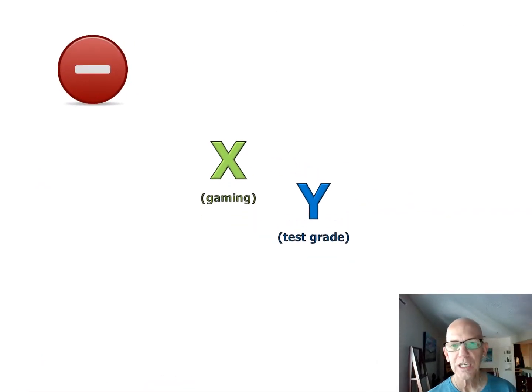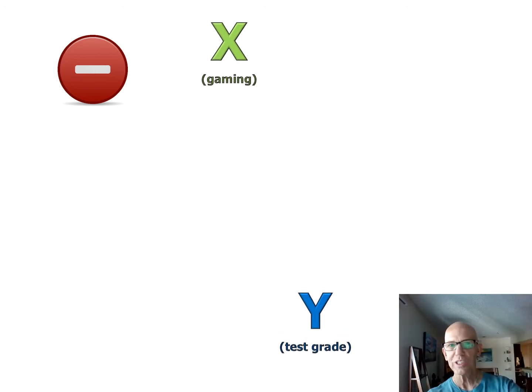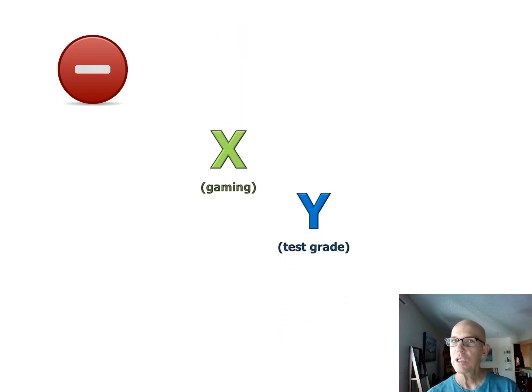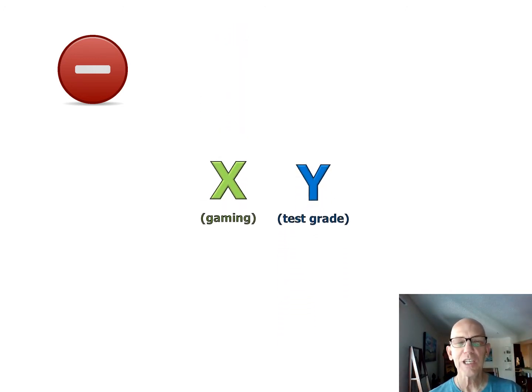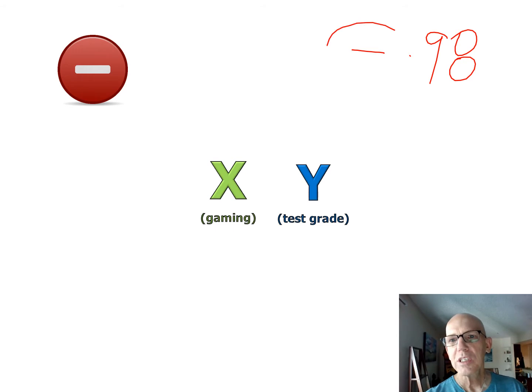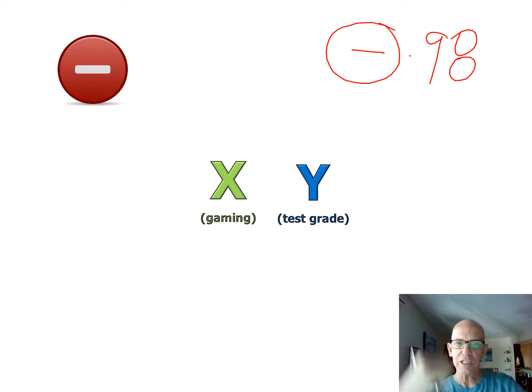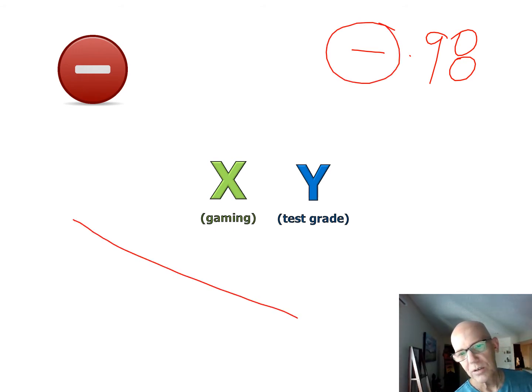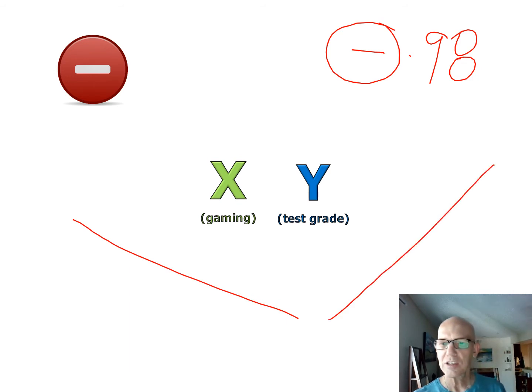The more I game, the less my test grade is. They were correlated at -0.98. Still a really high correlation like on that other slide, but it's negative because they seesaw, and the relationship goes like this instead of this.